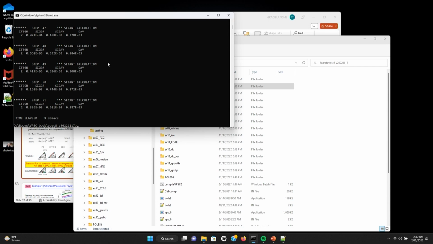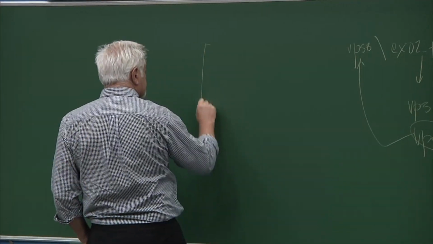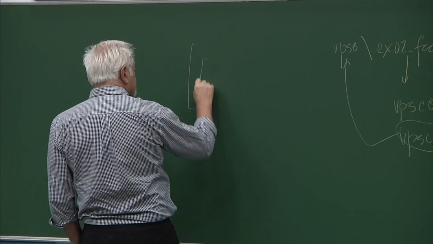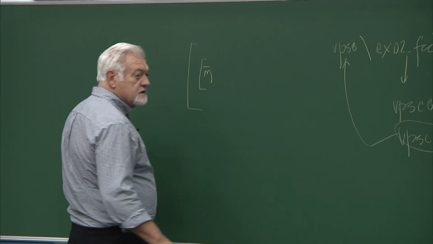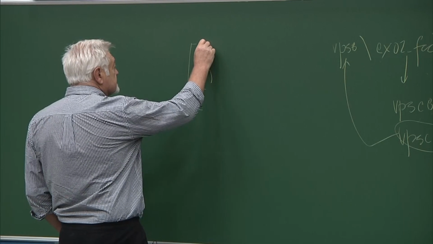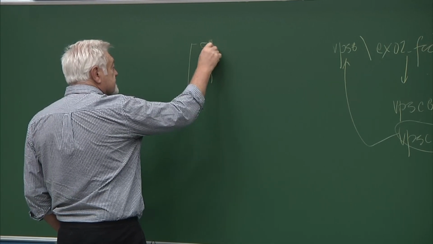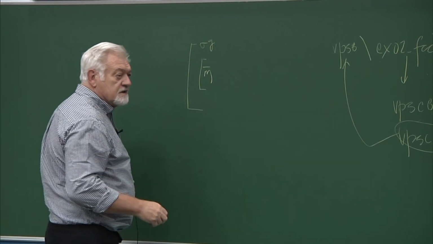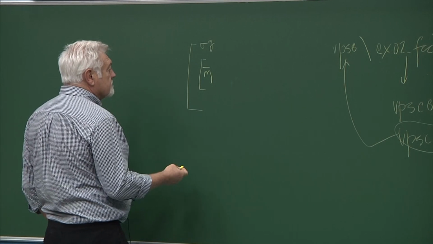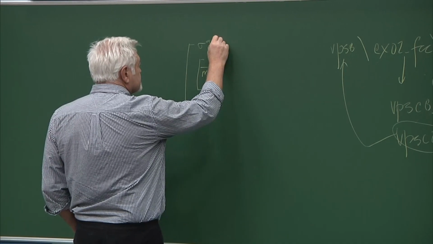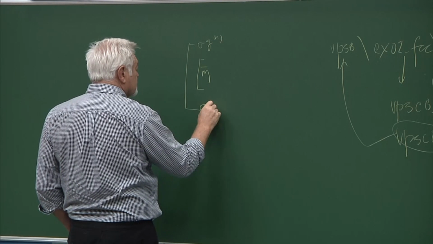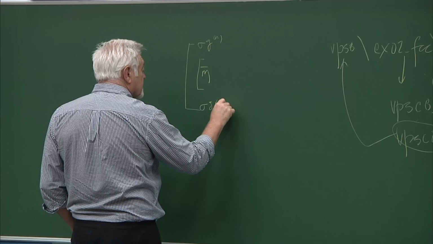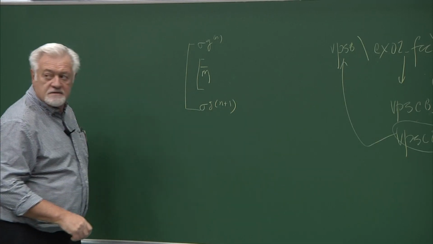And those criteria are. Do you remember yesterday I said that there are two nested loops? In this nested loop, you calculate the m, and in this nested loop you iterate over the sigma in the grain. So you will start with a sigma g n, and at the end of this step you will have a sigma g n plus 1.